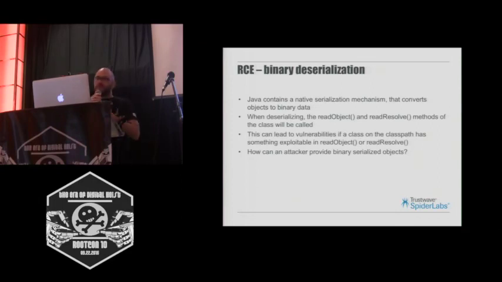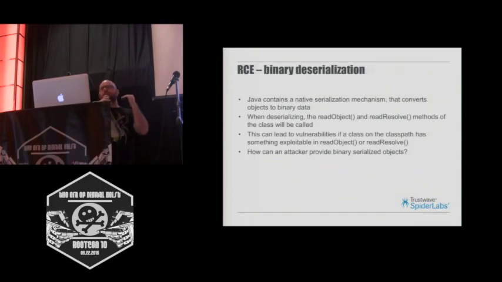So, the native serialization mechanism doesn't have anything that's so obviously exploitable as the XML serialization mechanisms. But what it does have, like I said, classes that are going to be serialized this way have to implement an interface called serializable. And that doesn't make them do anything. You can just say implement serializable and you're done. But it includes two optional methods that you can override, called readObject and readResolve. And these are called at two different stages during deserialization.